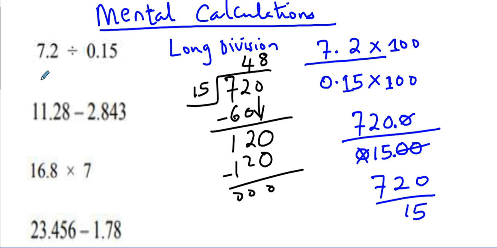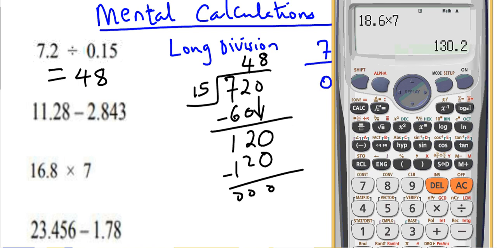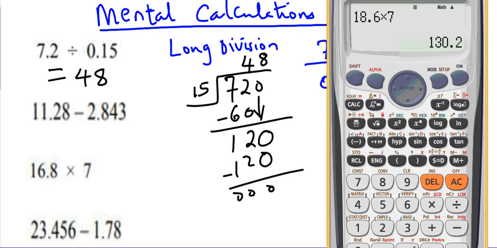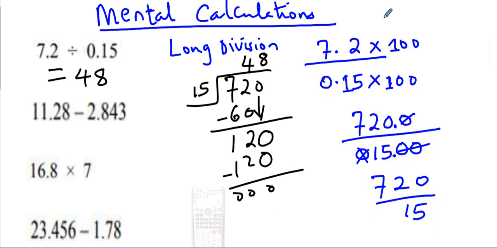So this will be equal to 48. Let's check our answer using a calculator. 7.2 divided by 0.15. We got 48, so our answer is correct.